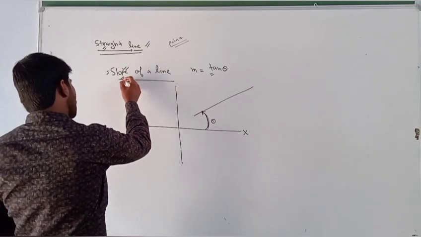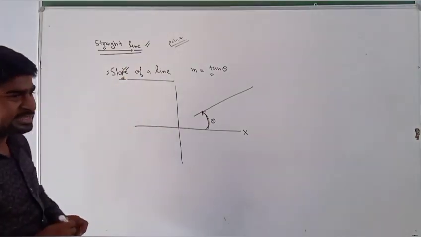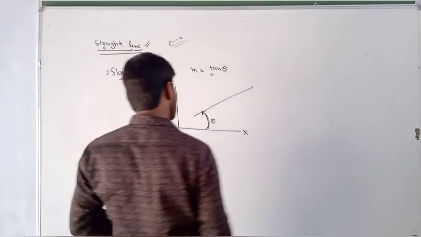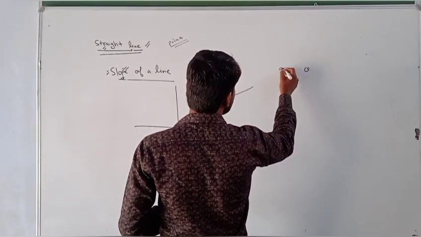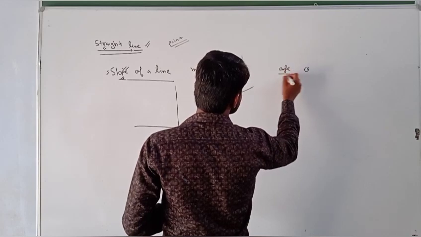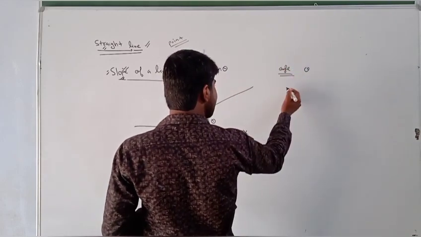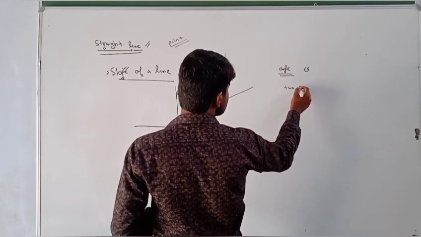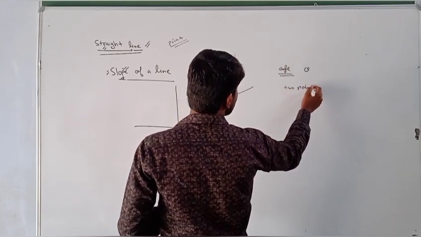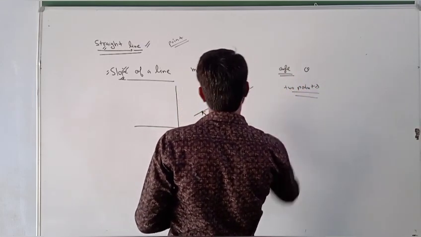To find the slope, there are many cases. Basically, two important cases are there: when the theta angle is given, and the second one is when two points of the line are given.